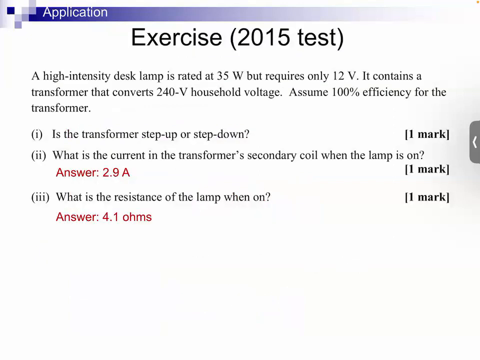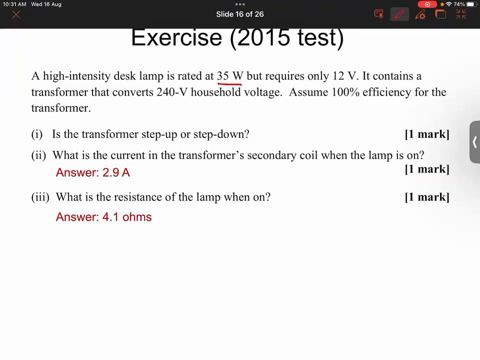All right, so let's look at this example that sort of combines all the concepts and the transformer equations. You have here a high intensity desk lamp. It's rated at 35 watts. That means the power is 35 watts, but it requires only 12 volts.